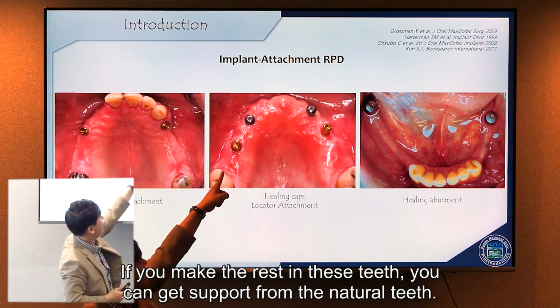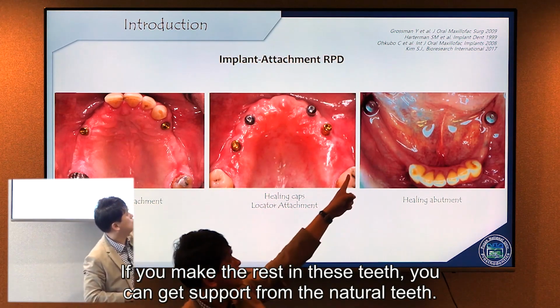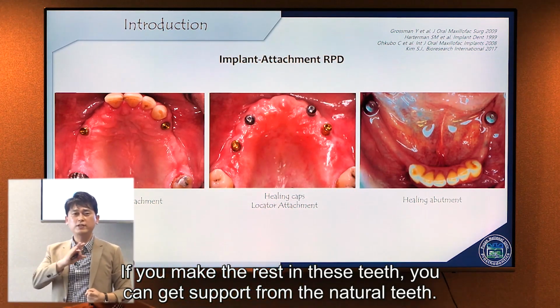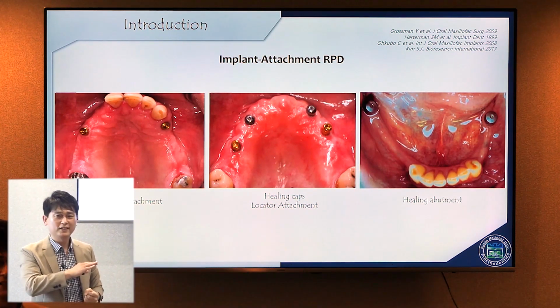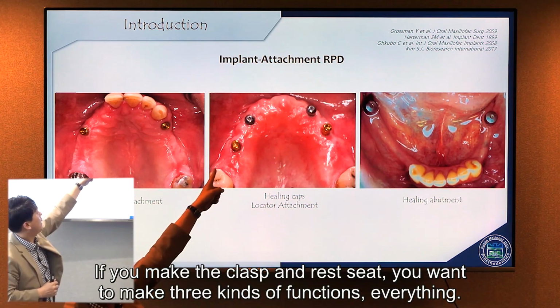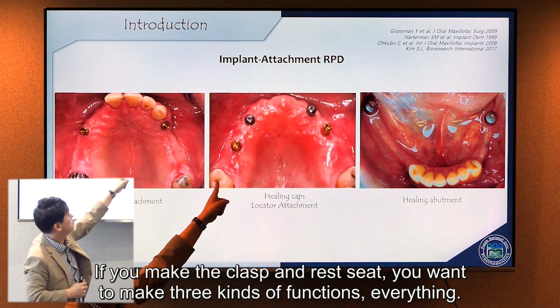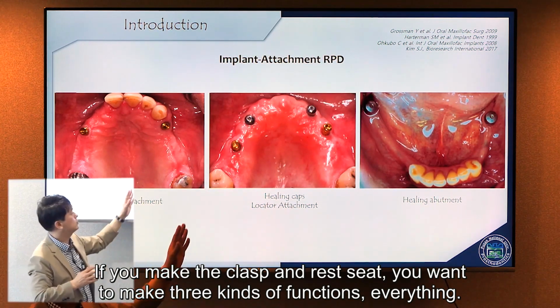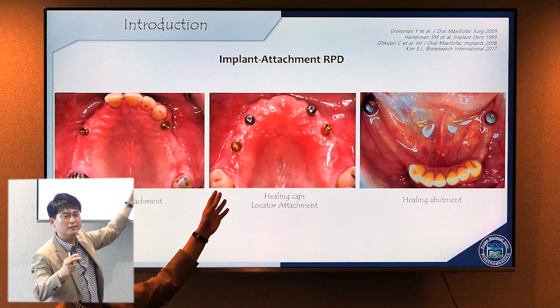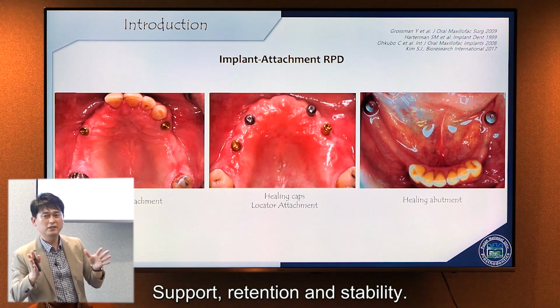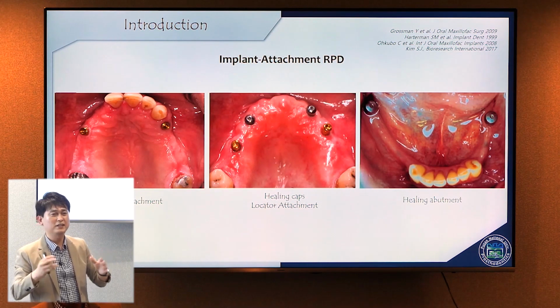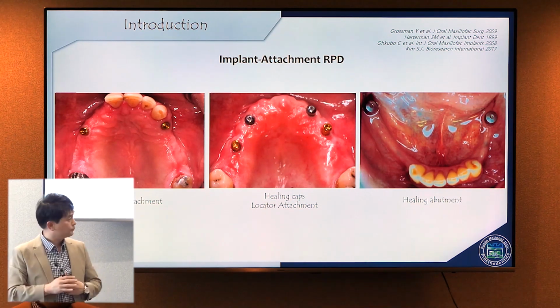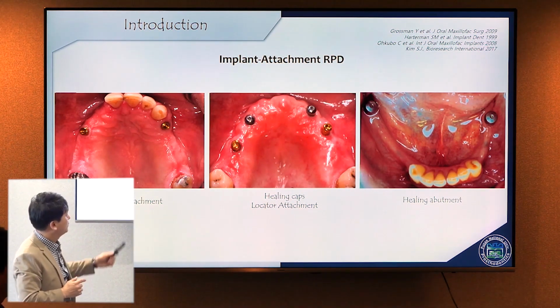If you make a rest on these teeth, you can give support from these natural teeth. If you make the clasp and the last seat, you can make all 3 kinds of function: support, retention, and stability.